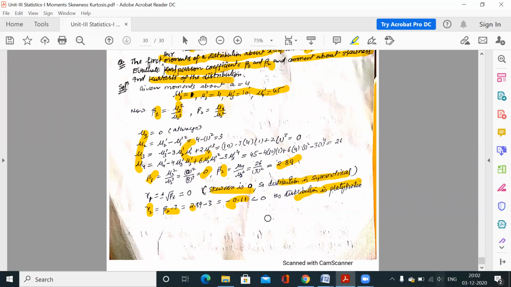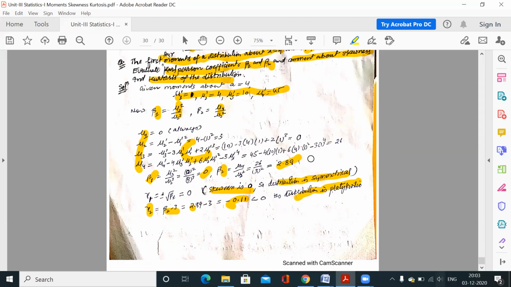In this unit we studied correlation, regression, curve fitting, measure of central tendency, measure of dispersion, the moments, skewness, and kurtosis.